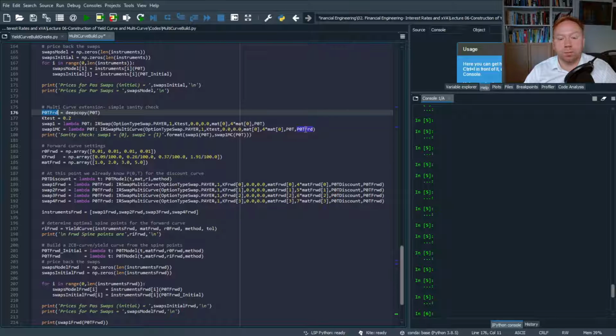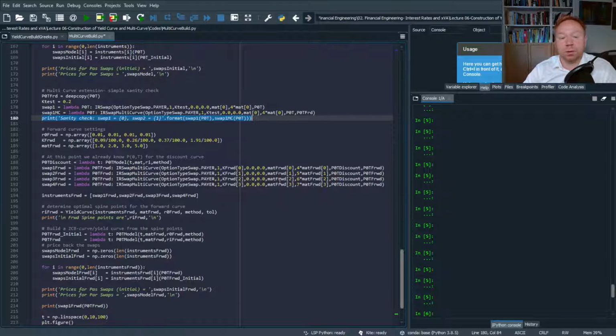And then obviously, because those two curves will be the same, swap and swap 1 MC should give me exactly the same value. So this is what we will check here. This is a sanity check whether the implementation of a new swap is still consistent with a single curve setting. So just use 2 times the same curve, and then it should be equivalent.